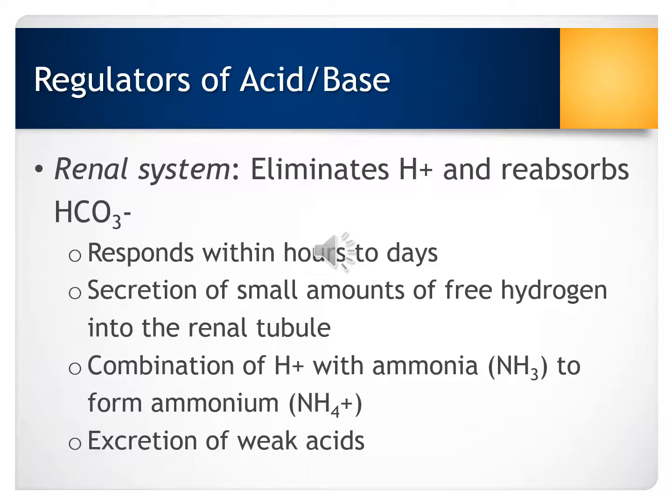The three mechanisms of acid elimination by the renal system are secretion of small amounts of free hydrogen into the renal tubule, combination of hydrogen with ammonia to form ammonium, and the excretion of weak acids.